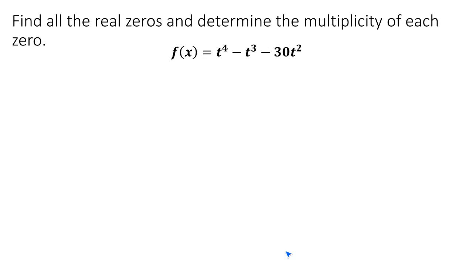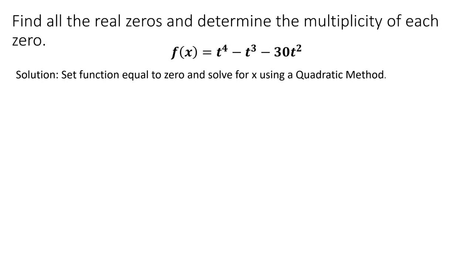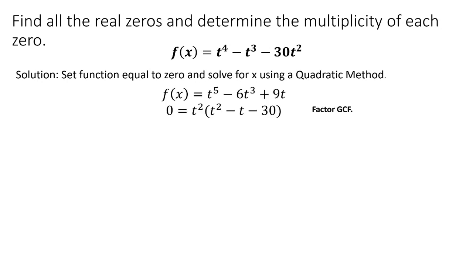Here's another one. So the first step, let f of x equal 0, right? Since we're trying to solve for our zeros. And this should really say, instead of f of x, it should really say f of t, okay? So this x shouldn't be there, it should be a t because we're working with the variable t. And then it looks like I have a different problem here.